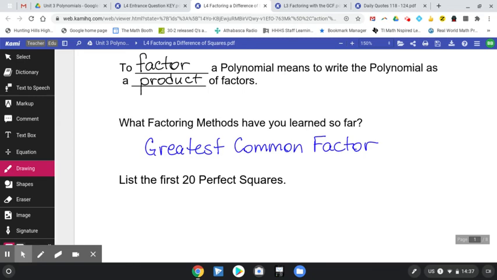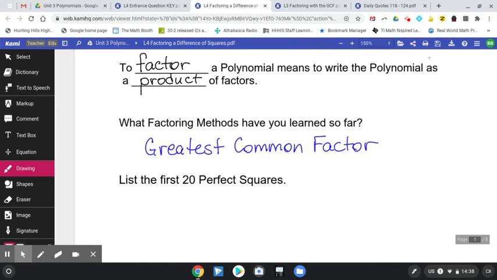All right, now to get ready for today's work, what we need to do is list the first 20 perfect squares. So I will get you to hit pause at this point, and I want you to write down as many as you can from memory, and then use your calculator to get the ones that you weren't sure of.